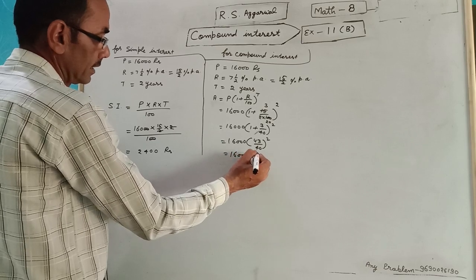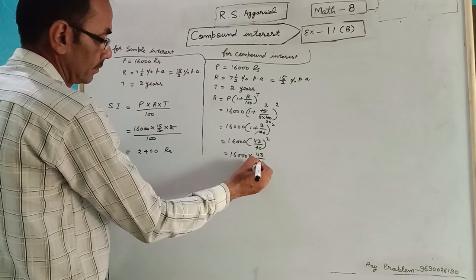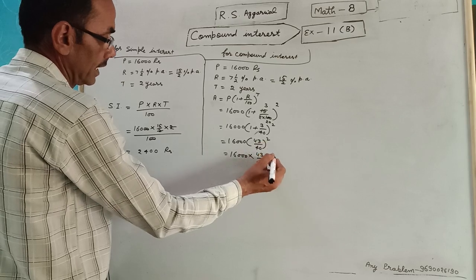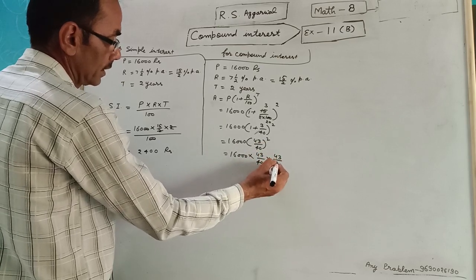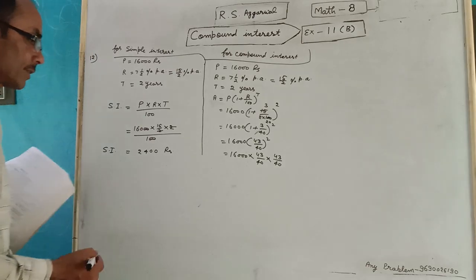Remove, write in expanded form, 43 upon 40 two times.